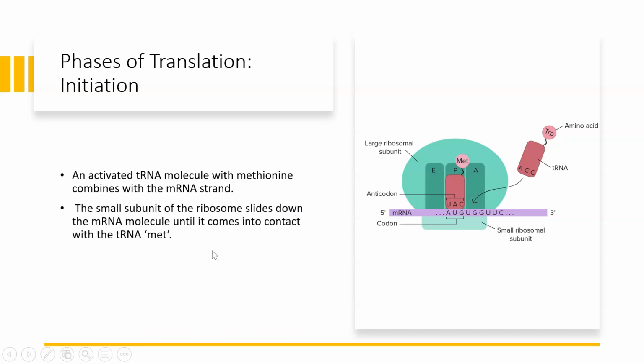That's that starter. The small subunit of the ribosome slides down the mRNA molecule until it comes into contact with the tRNA. The large subunit of the ribosome then joins the small subunit. They kind of connect over it.